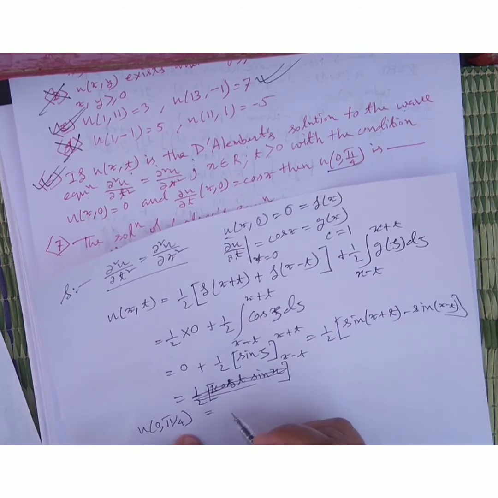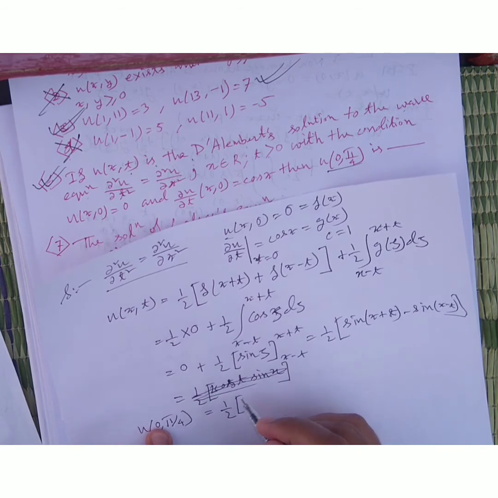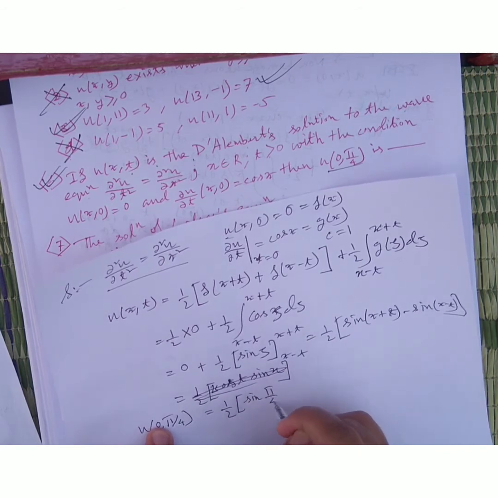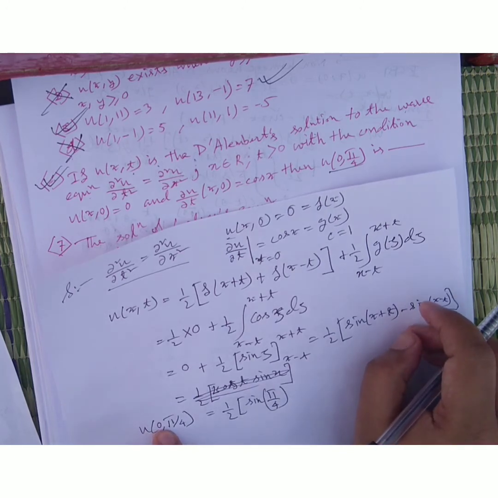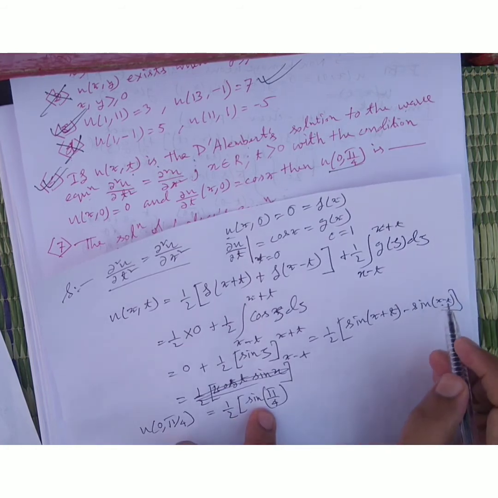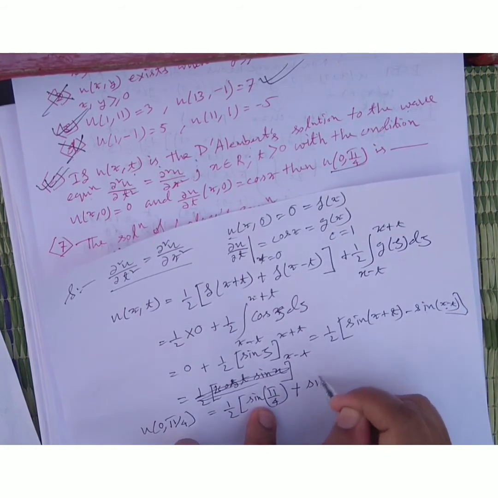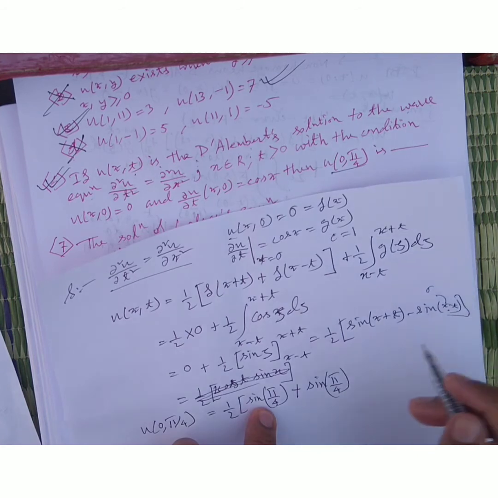Whatever I get, half into sin of 0 plus pi by 4, and after that x minus t means 0 minus pi by 4, sin minus pi by 4.